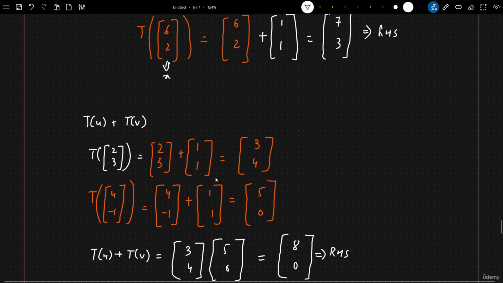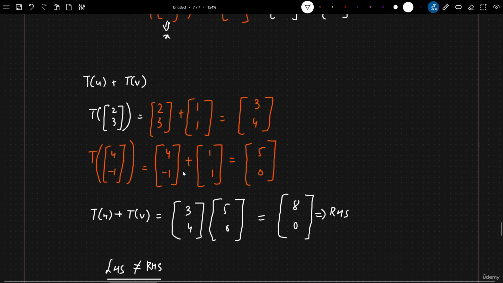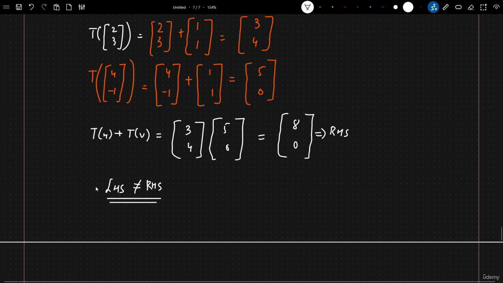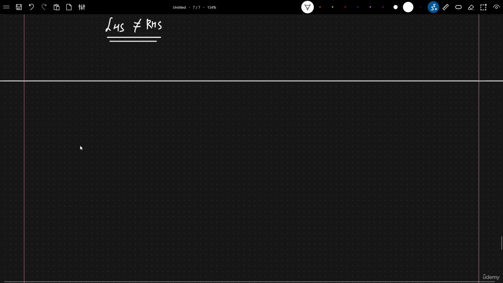Let's see. So 5, 0. Okay, it's fine. Sorry, this should be 4. I have written it as 0, but it does not matter anyway. It is 8, 4. Now, similarly, we'll check for homogeneity, which is my second condition.